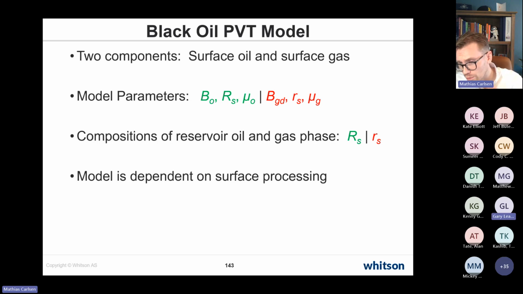And at least for all the unconventional basins we've been looking at, which is probably 14, 15 basins now, we've been able to successfully create one equation of state for those basins. That means the relative aromaticity and paraffinicity in the basin itself is really consistent, even though the compositions are changing drastically.